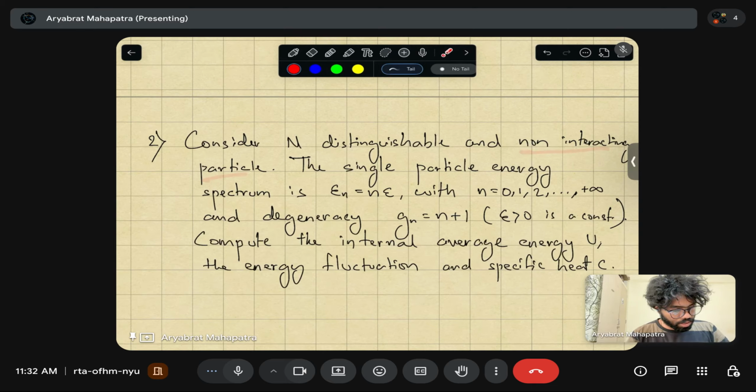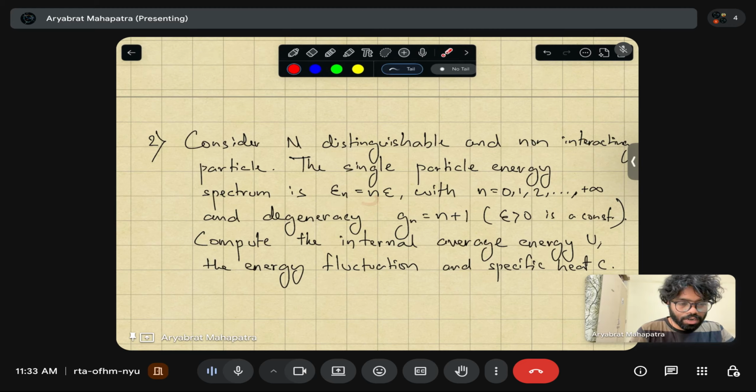The single particle energy spectrum is given as epsilon n equals n epsilon, where n is an integer which goes to infinity. Also there is degeneracy with each level. Each energy level is given by n epsilon.